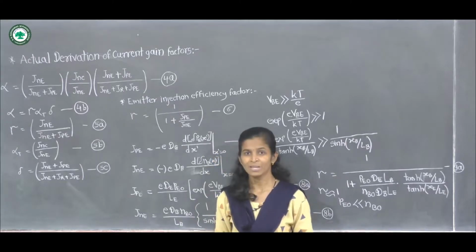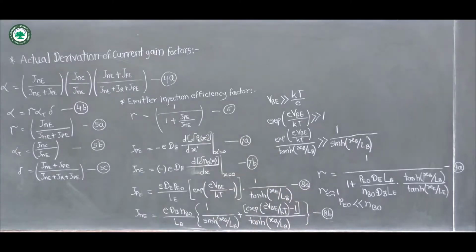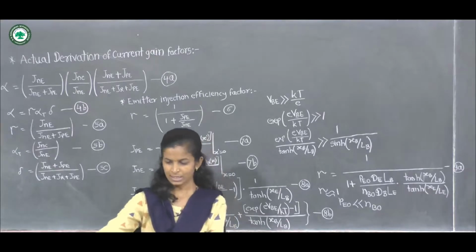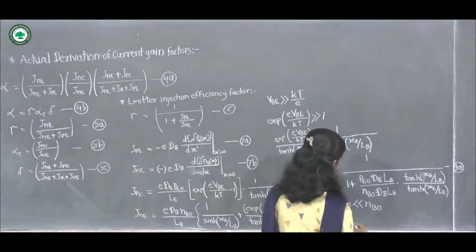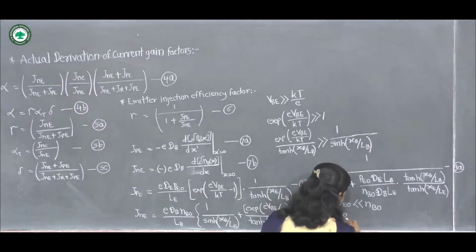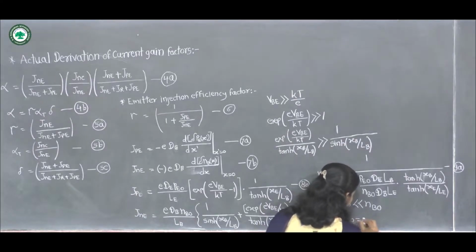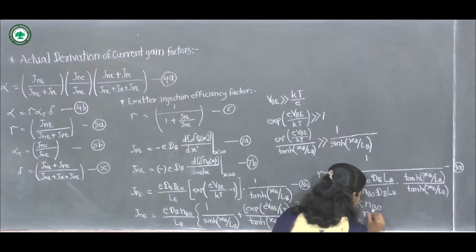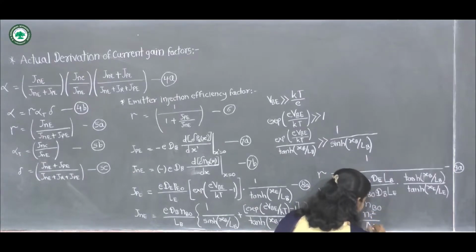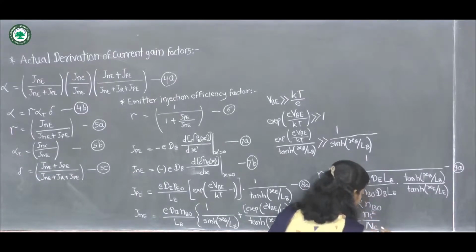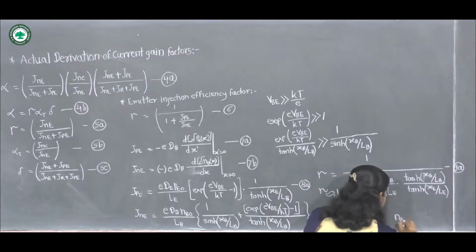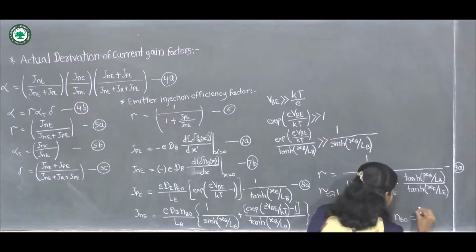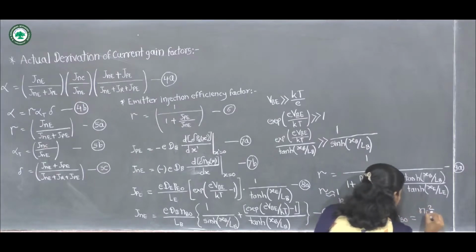We may define PO is equal to Ni square upon Ne and NBO is equal to Ni square upon NB.